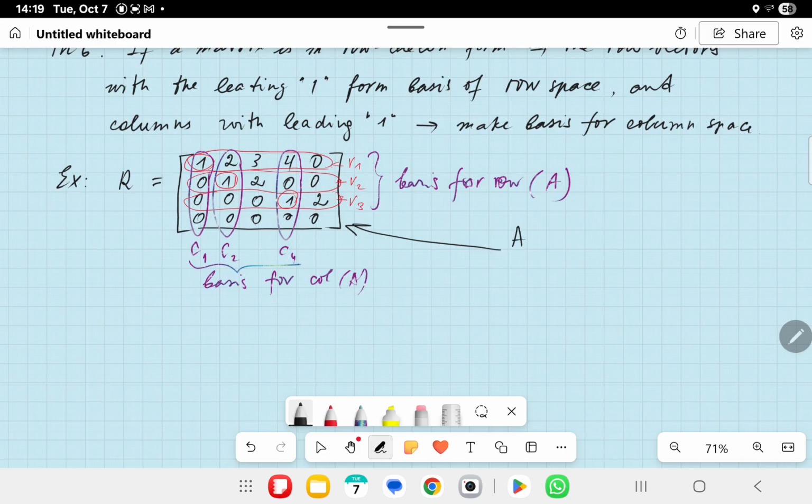And the basis we get is the basis of the modified matrix, right? But sometimes we have a question of finding the basis from certain vectors, not modified vectors. So these are going to make the basis for column space and row space, but they are not the same vectors as vectors of matrix A, right?